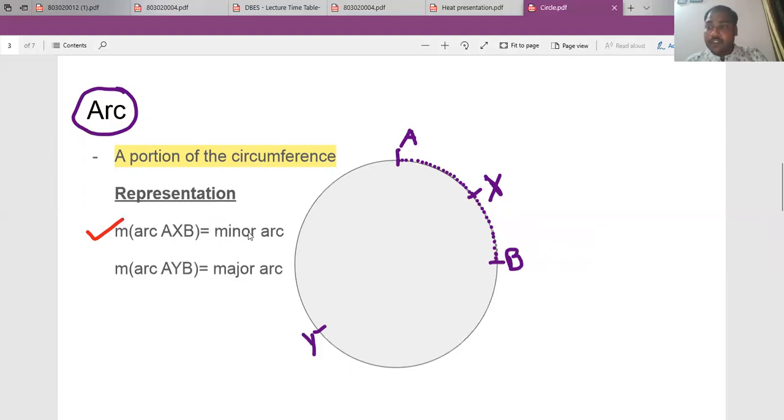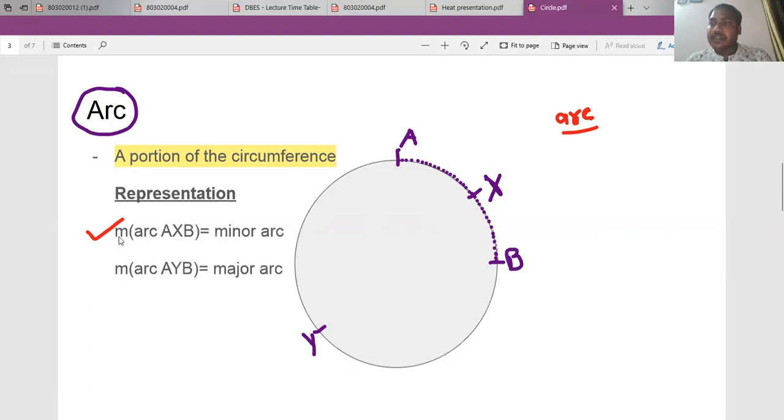And for the arc representations, we are using small letters. Just keep in mind, if you want to write arc, you will write it with the help of the small letters in this way. See, I have written the name as measures of the arc.